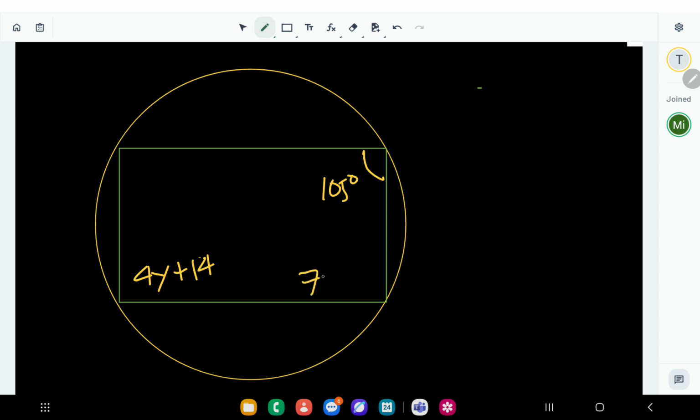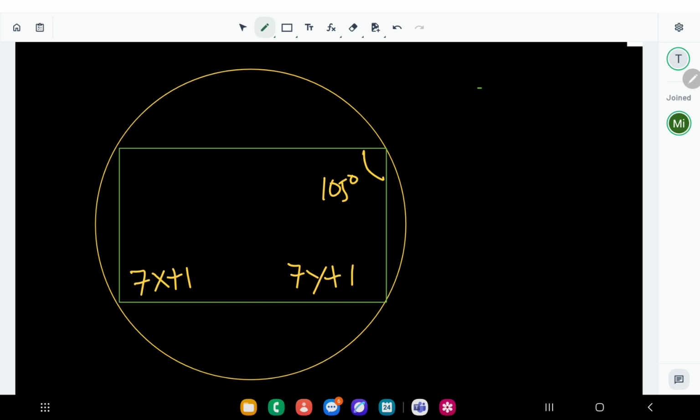Then the other one, this is 7x plus 1. Sorry. So this is 7x plus 1. Then this one is 7y plus 1.